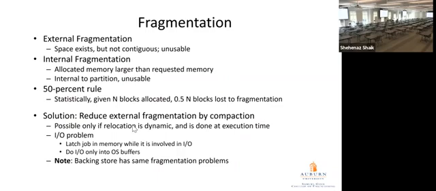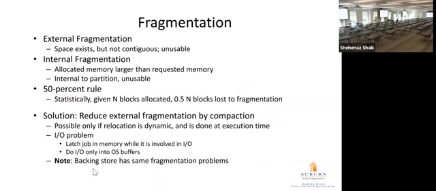But if we place some of the processes on the persistent store or the disk, the backing store, as part of swap in and swap out, then as we swap in and swap out all these processes, we will have the exact same fragmentation issues on the backing store or the disk capacity as well.